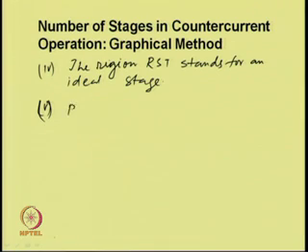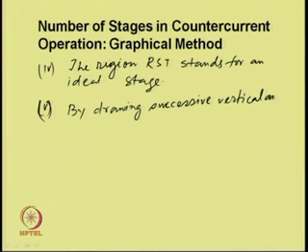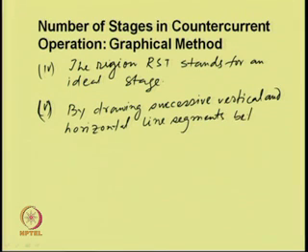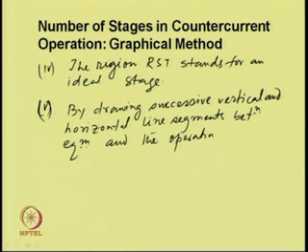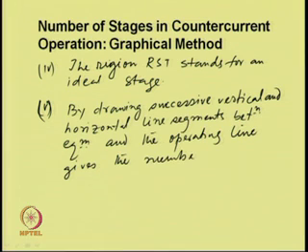So, by drawing successive vertical and horizontal line segments between the equilibrium and the operating line gives the number of ideal stages.